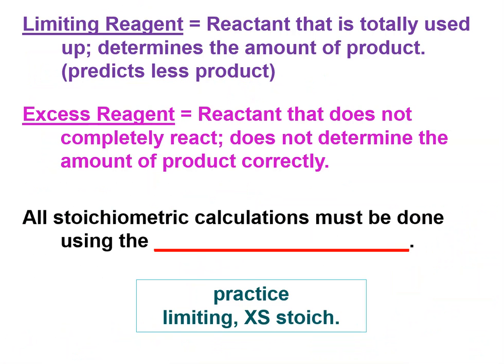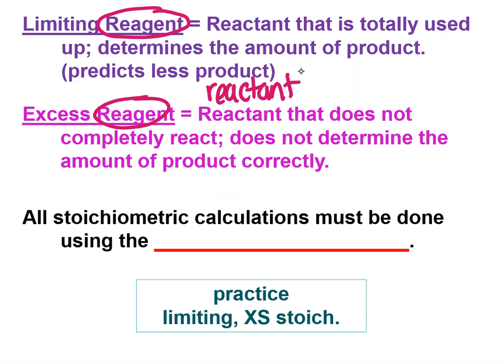So here are some definitions. I want you to note that the word reagent means reactant. And so a limiting reagent will always be one of the reactants that is there before the arrow.